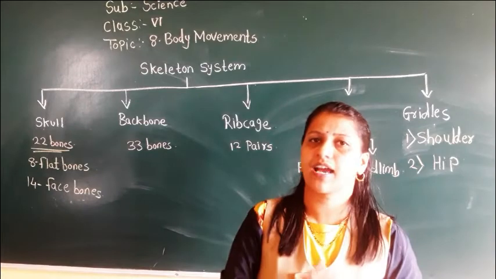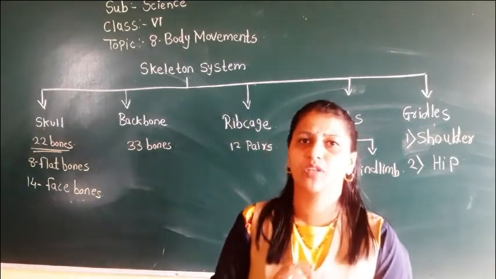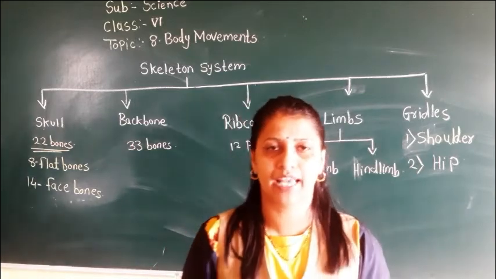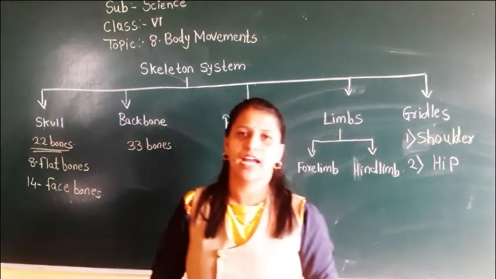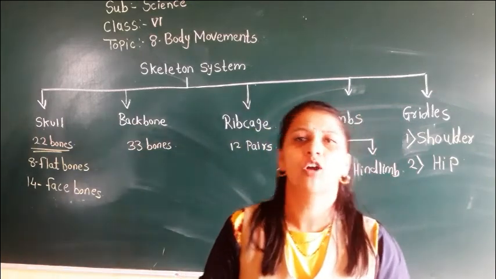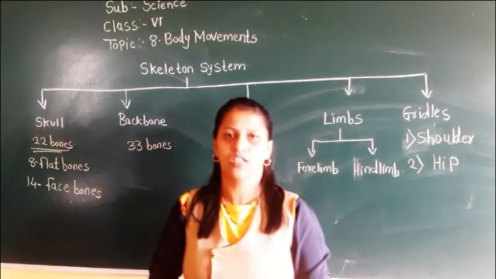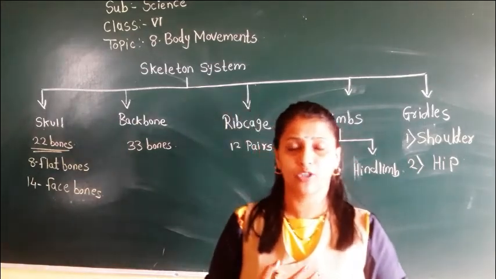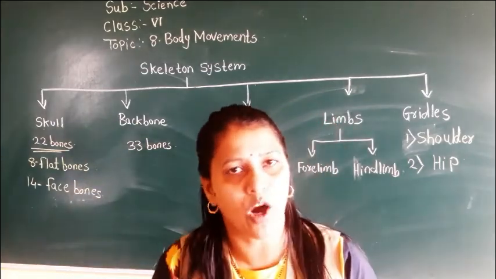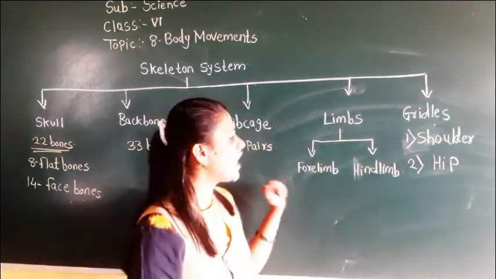This ulna is joined to the wrist, where there are the 8 bones, and these bones are joined to your fingers. Are you getting this? In your hands and fingers there are small bones. So this was about the forelimb.